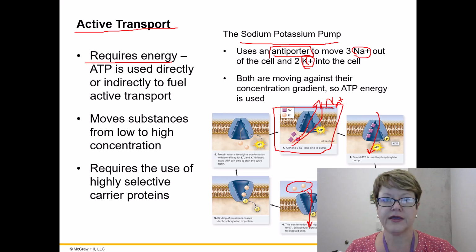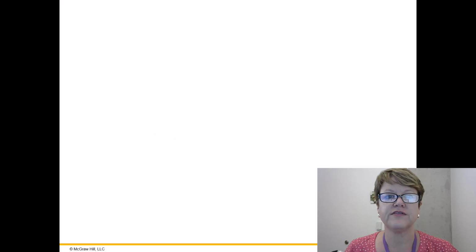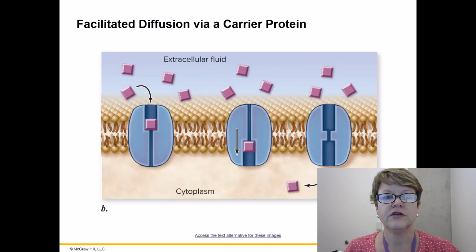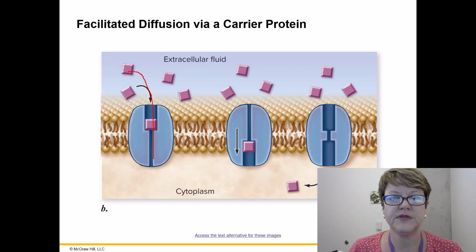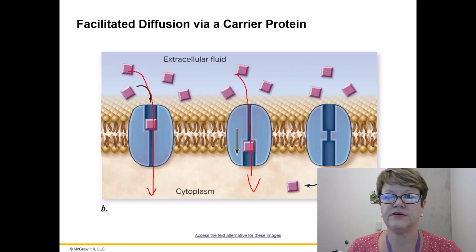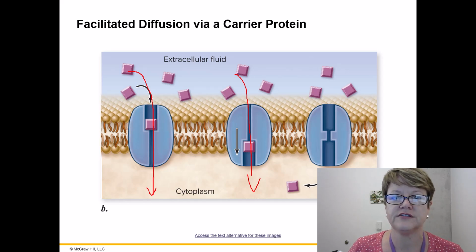All right, let me go back a little further and let me see if I can find another one. All right, this one, because only one molecule is being moved in one direction, this is an example of a uniporter. And since in this example, the arrow of movement goes with the gradient from higher to lower concentration, it's also a facilitated diffusion.